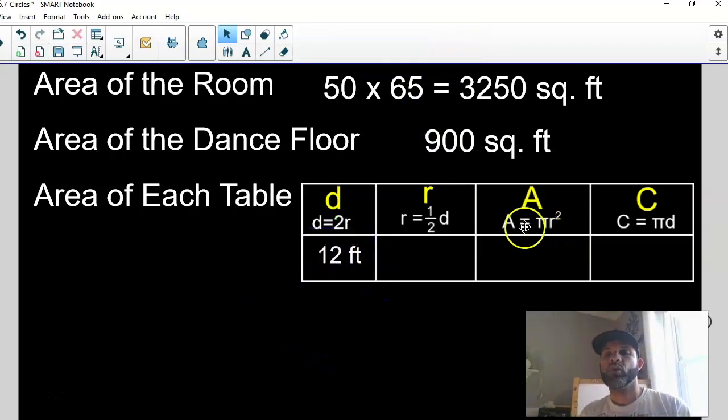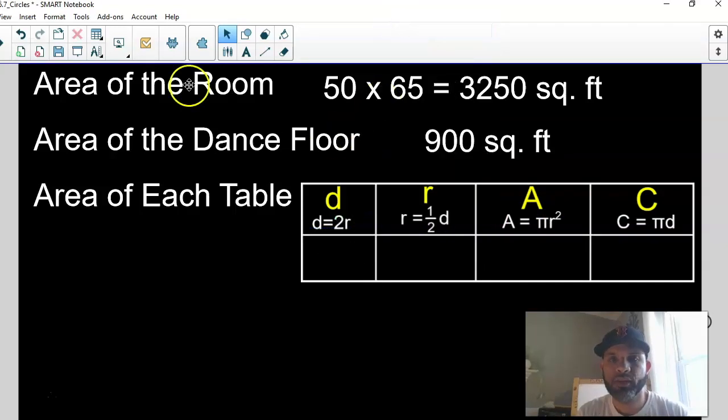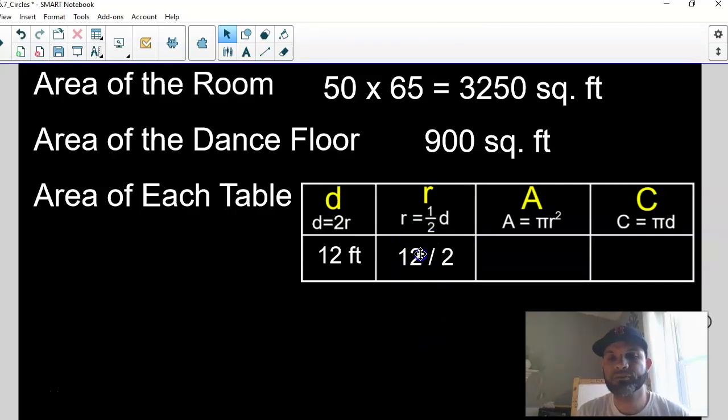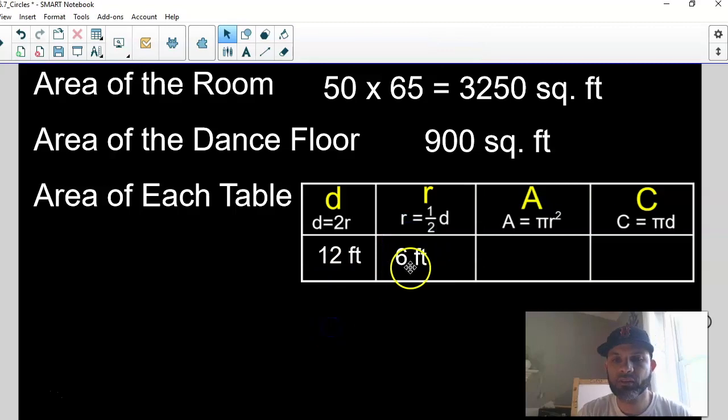Well, for the area, we need the radius, because we're multiplying pi times the radius squared. If the diameter is 12, what's the radius? The radius is half the diameter. In other words, it's 12 divided by 2. The radius is 6 feet.